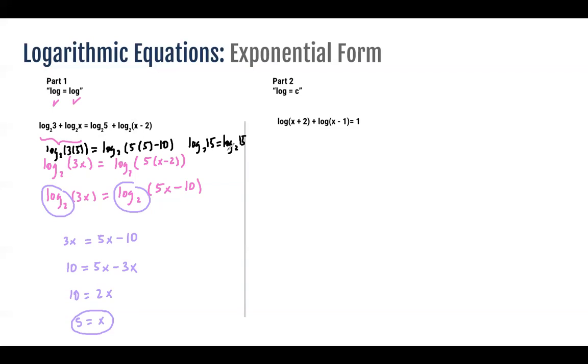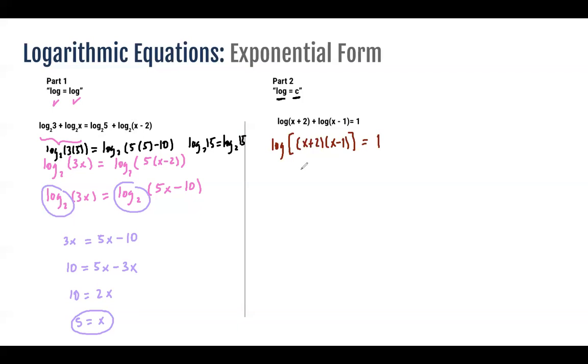So that's one kind of exercise. The other one is when you have a logarithm on one side and a constant on the other side. So once again, you need to combine the logarithms. If you combine the logarithms, you're going to have logarithm base 10 of, and you're going to multiply both because you have an addition.